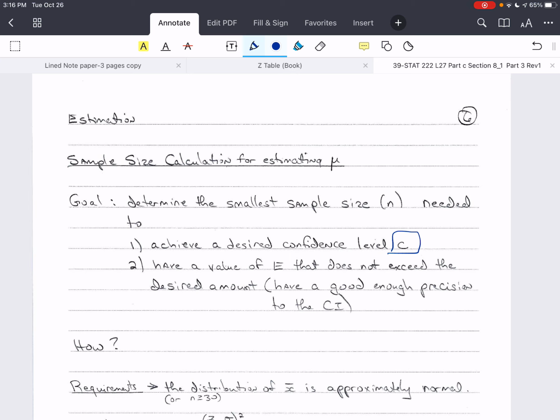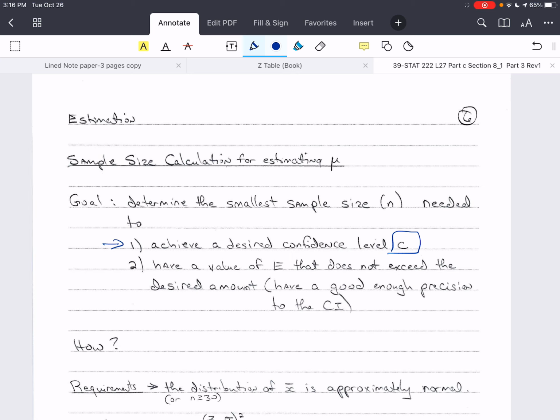That just seems to be universally accepted, but you should be conscious and careful about choosing that level of confidence that you need for the study. The bigger the confidence level and the smaller the value of E, the larger your sample size will need to be. So we have to be very careful about choosing these values.